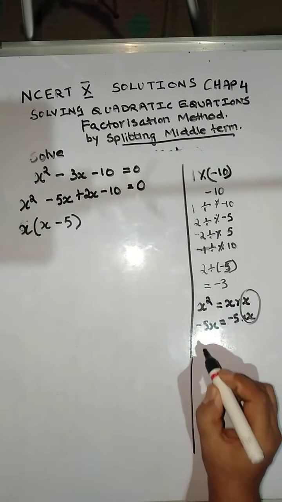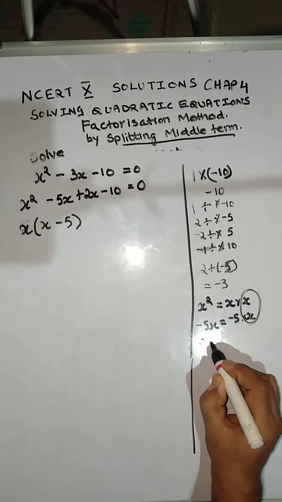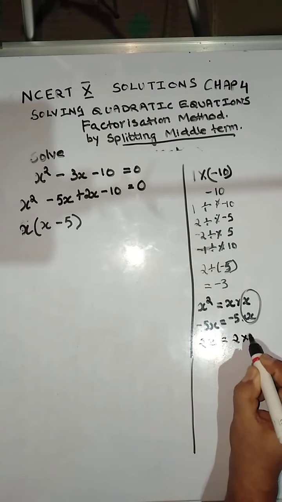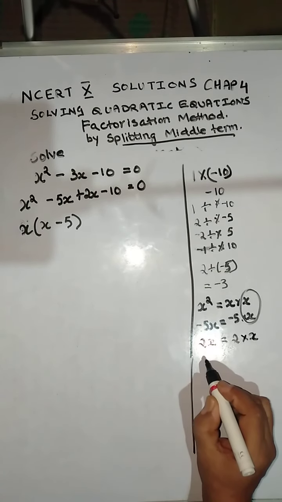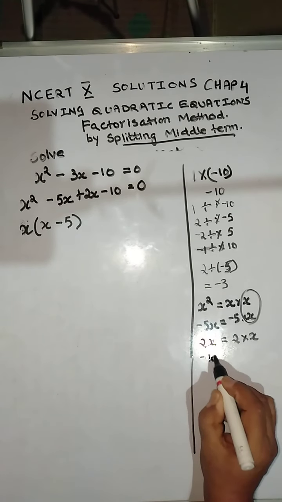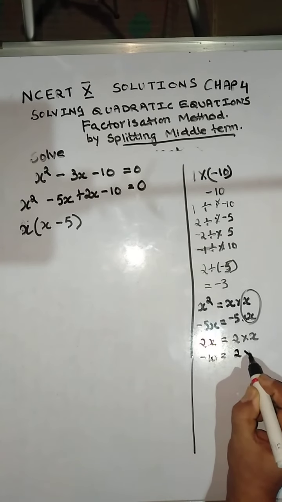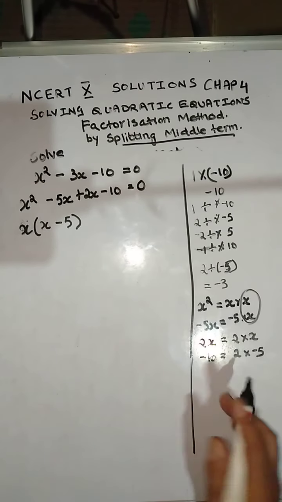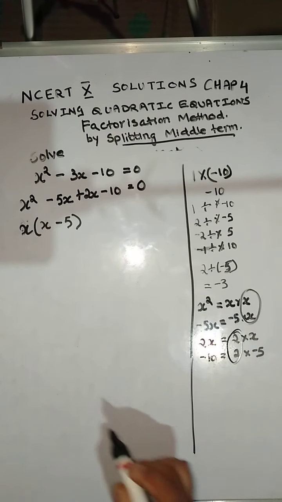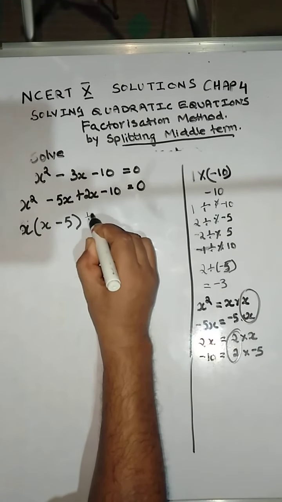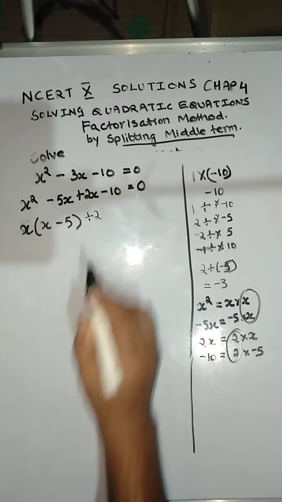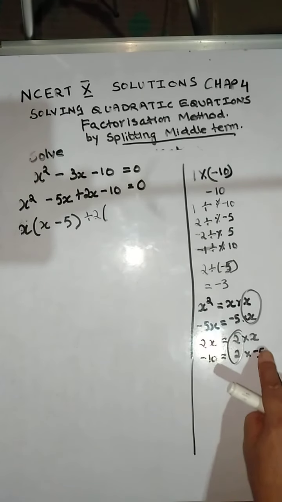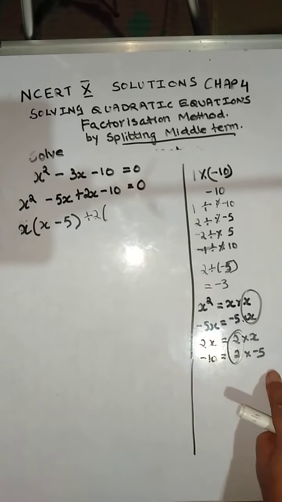Now the same thing we do for the other one, which is 2x, and it is equal to 2 into x, and then the other one is minus 10, which is equal to 2 into minus 5. So the common one here is 2 again, so we put here plus 2. And then the non-common factors here are x and minus 5.